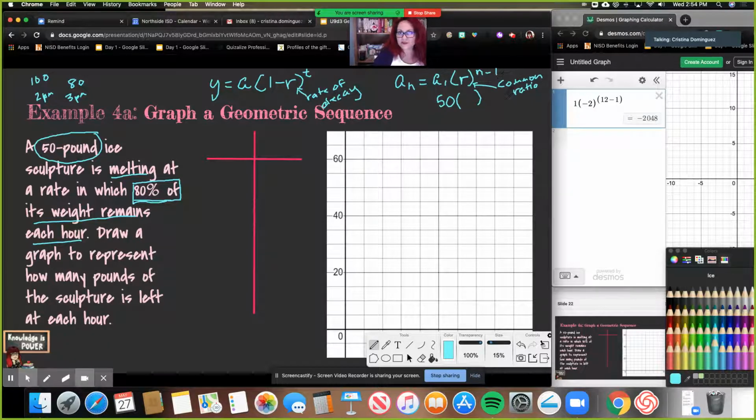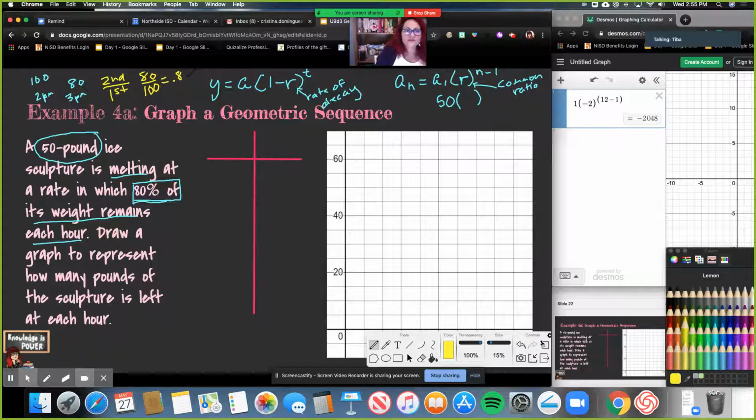The common ratio, as we talked about in the last video, is the second term divided by the first term, right? And so that's 80 divided by 100, which, if you put it in your calculator, ends up being 0.8, which is the same as what percentage? 80%.